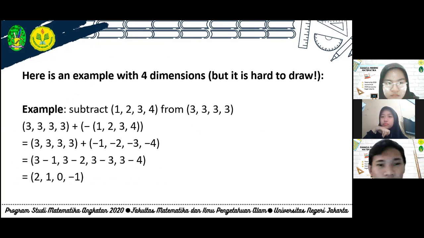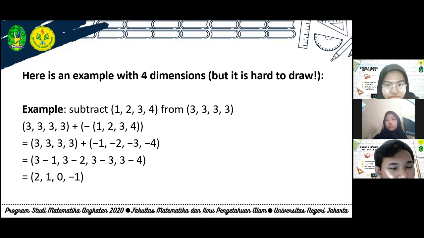Here is an example with 4 dimensions, but it is hard to draw. Example, subtract vector 1, 2, 3, 4 from vector 3, 3, 3, 3. So we can calculate vector 3, 3, 3, 3 plus negative vector 1, 2, 3, 4.